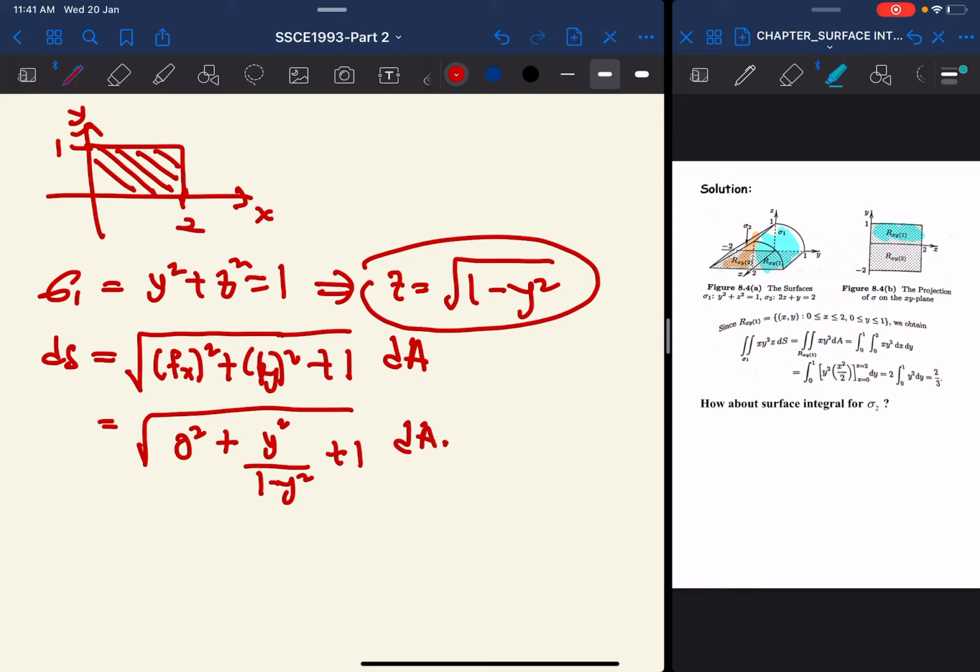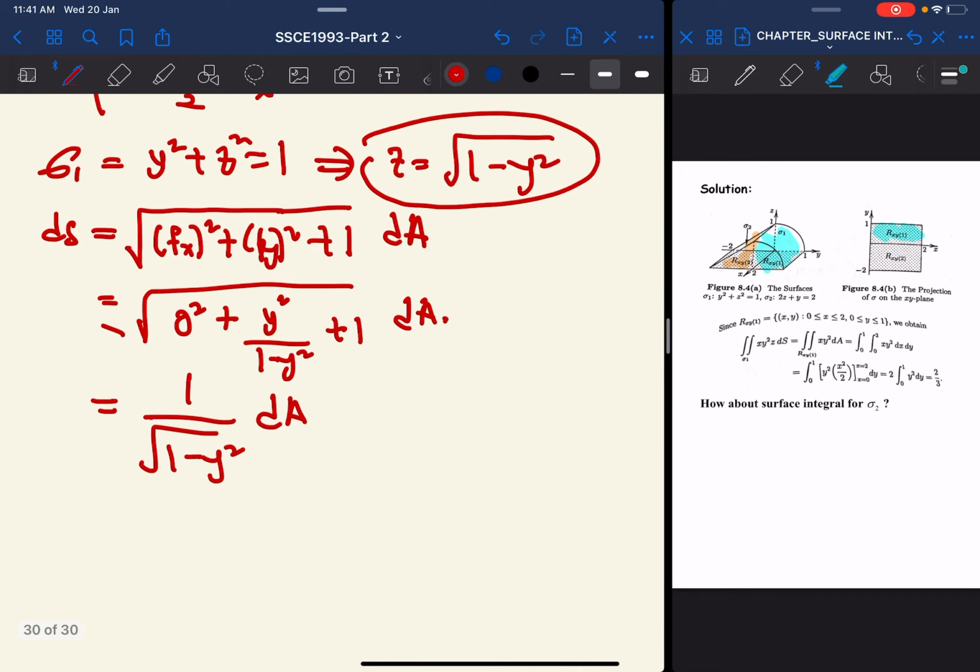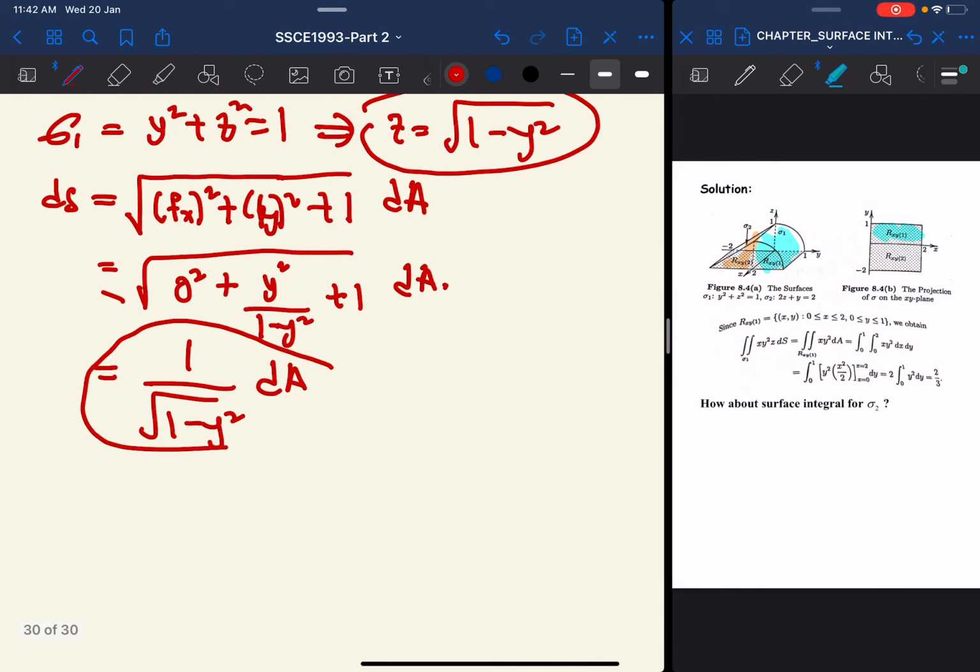If you simplify this, you will actually get 1 divided by the square root of 1 minus y squared, dA. You will use this part to substitute into the original question.